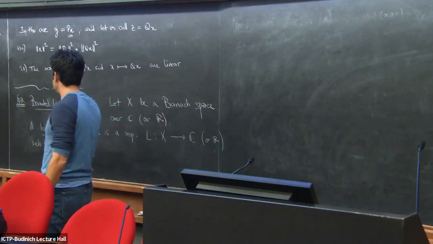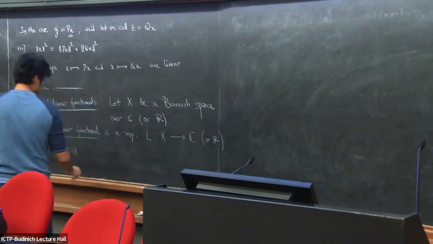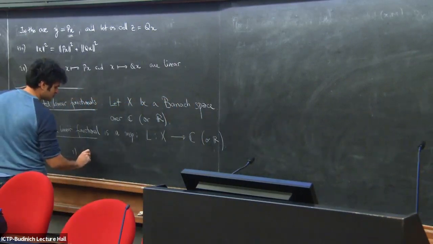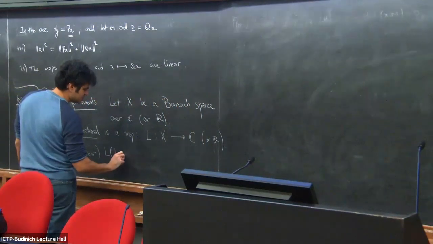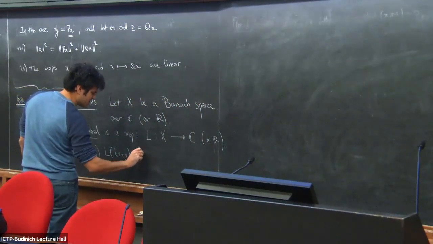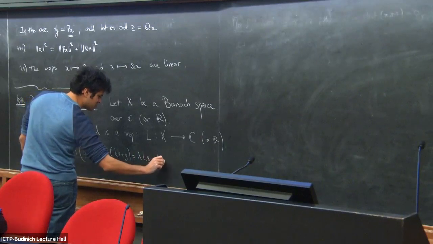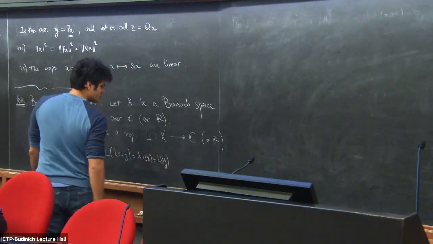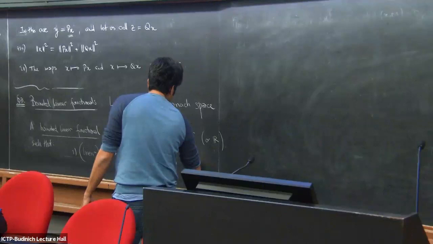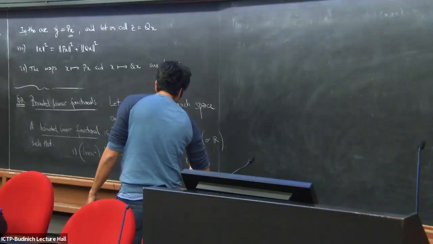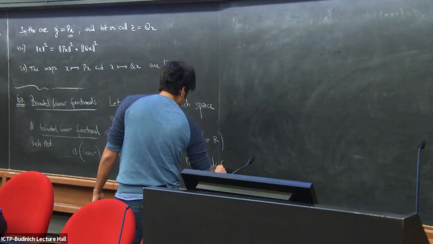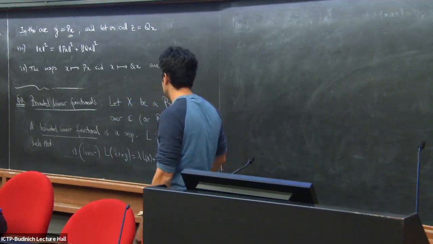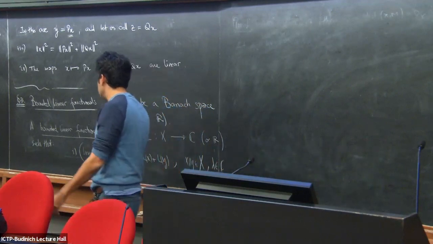As the name suggests, it's linear. Okay. Meaning that L of lambda x plus y is lambda L of x plus L of y. This for any x and y elements of your Banach space X and lambda in your field of scalars, complex numbers or real numbers. So it's a linear map.